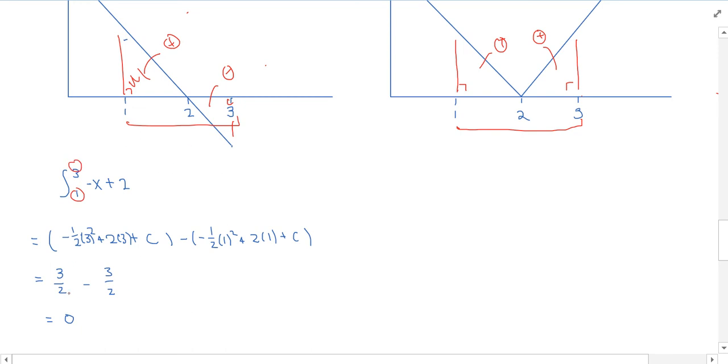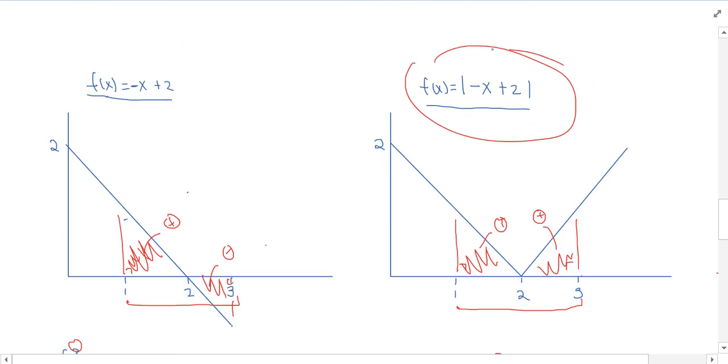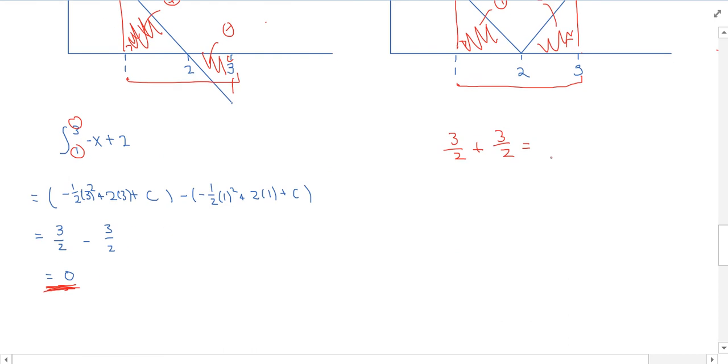The first graph comes to an area of 0, and you can pretty much tell because we have a slope of 1 and the graph intersects at 2 and our interval is between 1 and 3, so these two areas should be the same, so this answer does make sense. And now we can easily tell that this should be 3 over 2 plus 3 over 2, because these two are above the x-axis, and that will give us the total area for this one, right? And so it should be 6 over 2, which is 3.